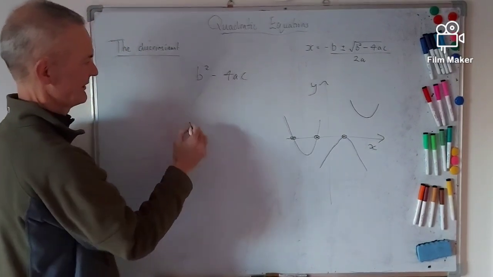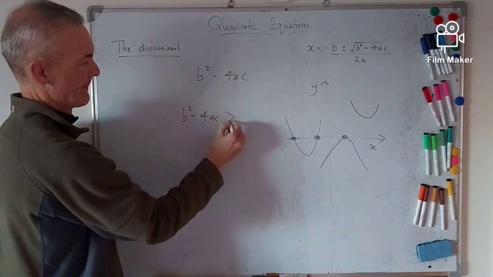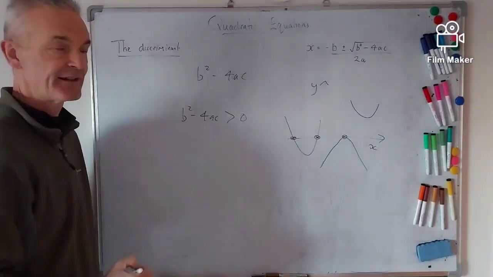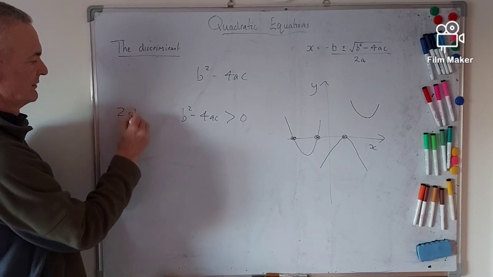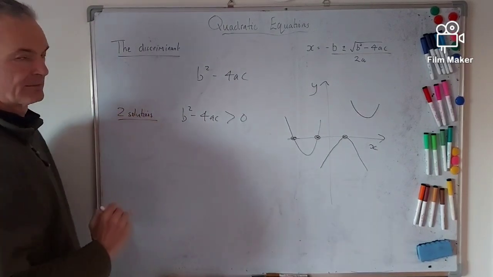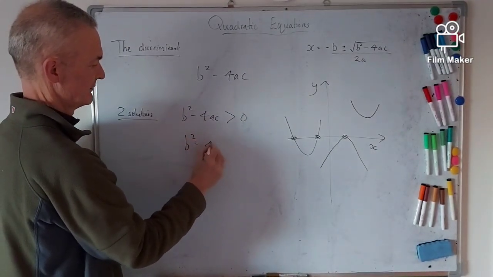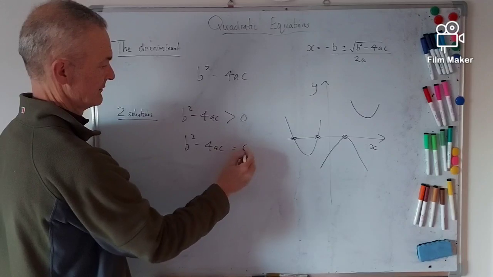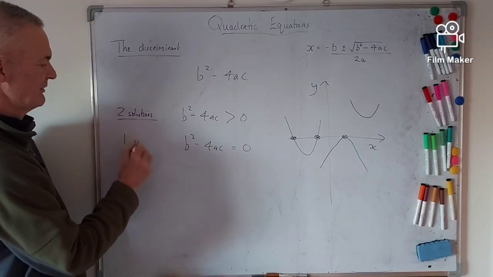Now, if this is greater than 0, then we've got two solutions. If this equals 0, we have one solution.